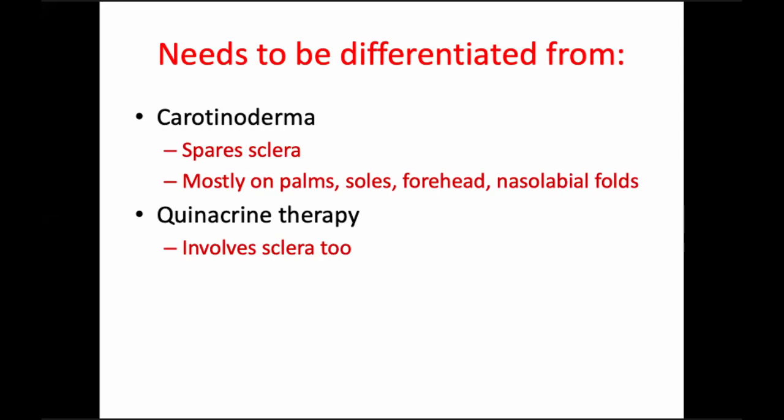And sometimes they eat mangoes from morning till evening, and they can get yellow. The skin can become yellow, but this spares the white of the eye, the sclera. The sclera remains white. So this yellowness mostly appears on the palms and the soles, and the forehead and the nasolabial folds. There's a medication called quinacrine, which is now obsolete, but that also used to cause yellow discoloration, including the eyes.